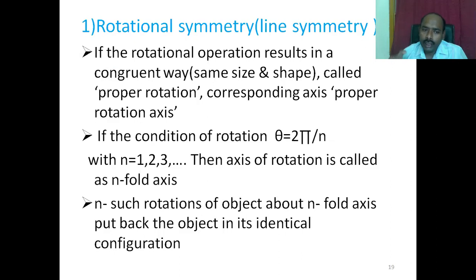Therefore that axis of rotation is called a two-fold axis. Two such rotations about the two-fold axis put the crystal back in its identical configuration; we see the same face of the crystal.